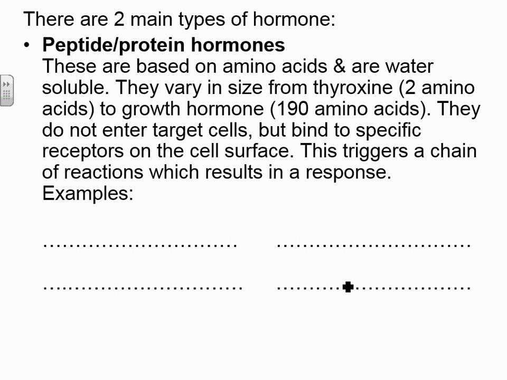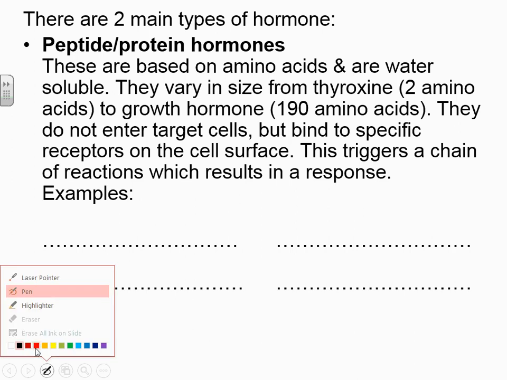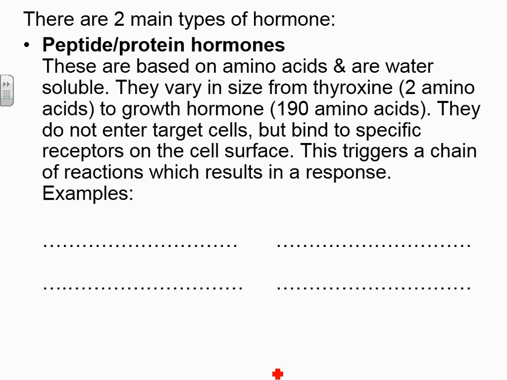Examples that you could put in here, or if I'm going to write them in, I need to click on the pen, don't I? So that one. Let's have red this time. Well, I've mentioned some. So what should we put in as examples? I've just mentioned a couple. Straight in one ear and out of the other. Insulin. What else have I mentioned? Whoops. Adrenaline.